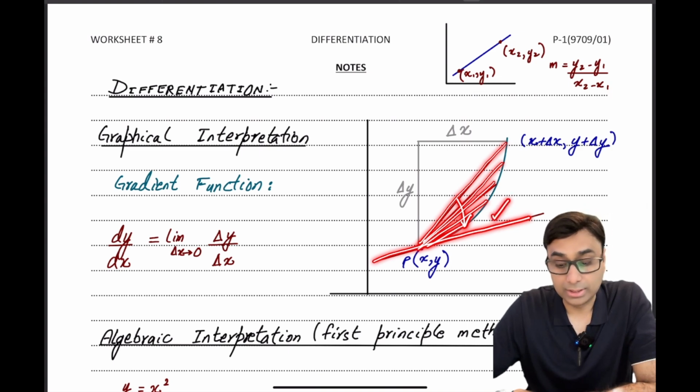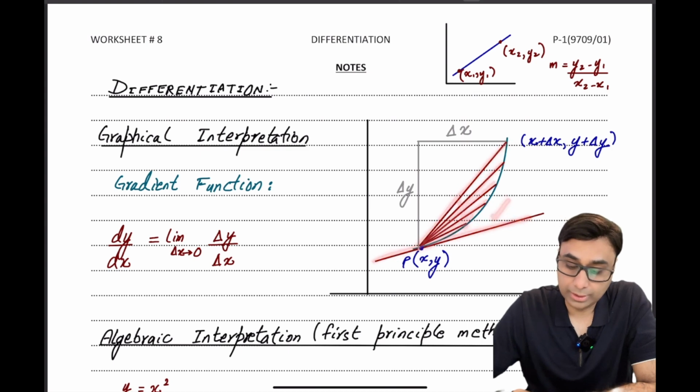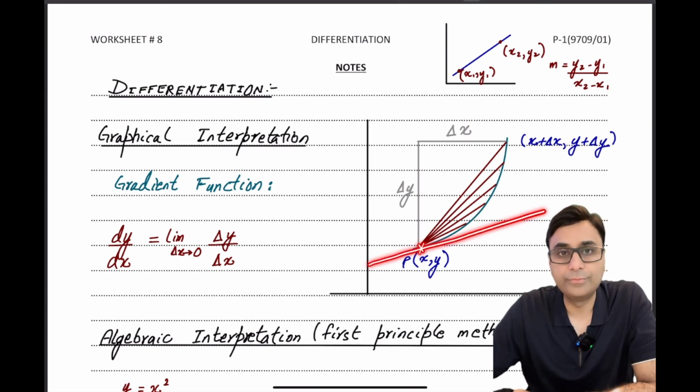That's something you can do graphically as well: if you want to find out graphically the gradient at any particular point, you can draw a tangent and then find out the gradient of that tangent, which should represent the gradient of that curve at that point.